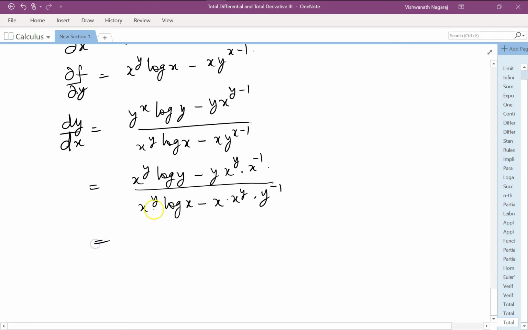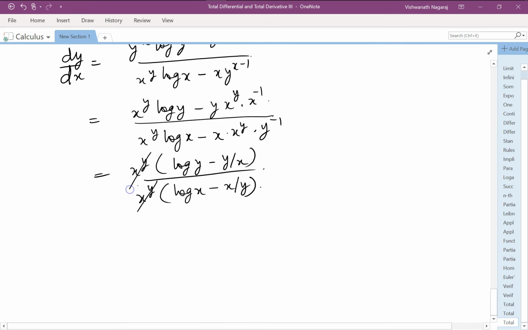So which means x^y is common to all the terms. So we can take it out from the numerator, take it out of the denominator. Yes. So let's see. x^y left with log y minus y/x divided by x^y log x minus x/y.